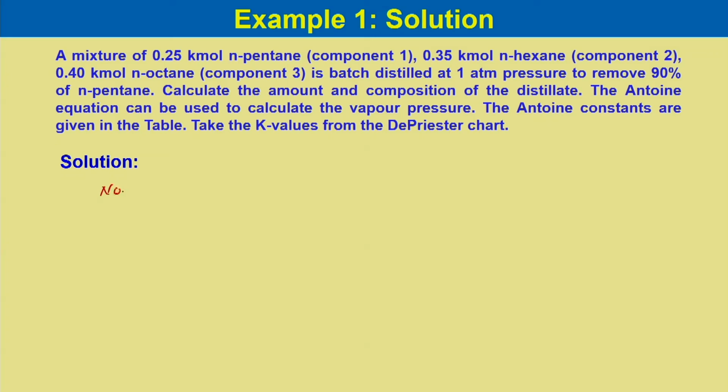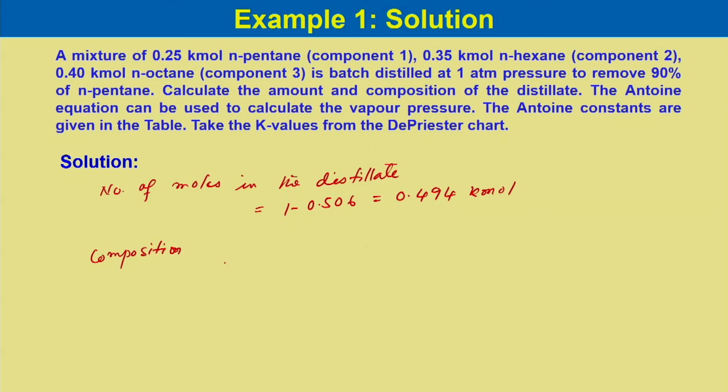So, the number of moles in the distillate would be equal to 1 minus 0.506, which is 0.494 kilomole, and then the composition in the distillate would be x1d is equal to 0.455, x2d 0.423 and x3d would be 0.1185.